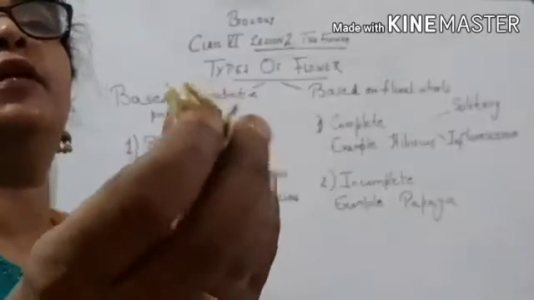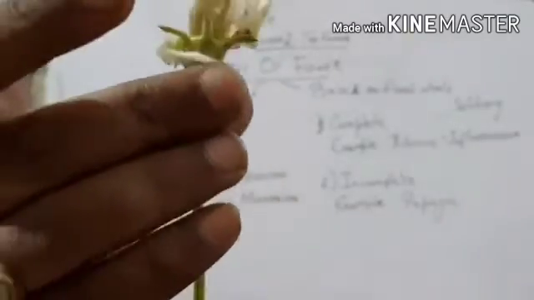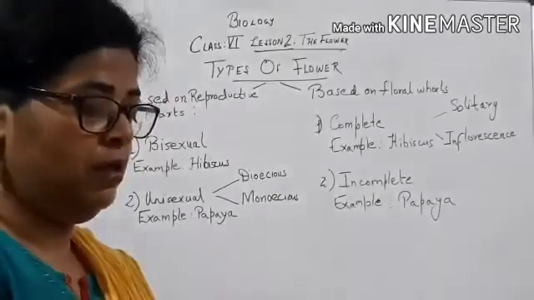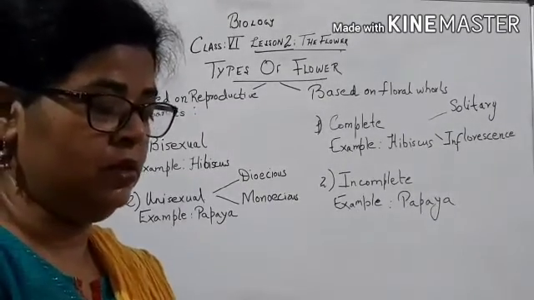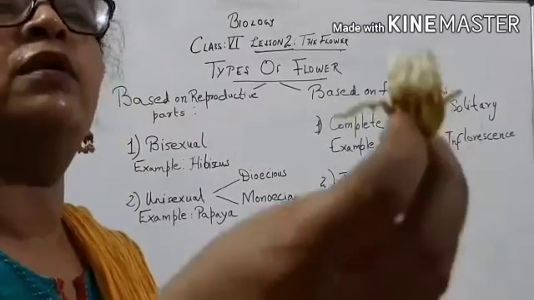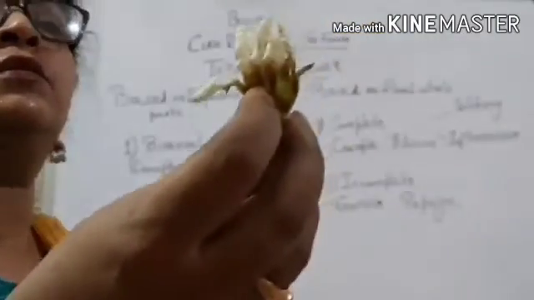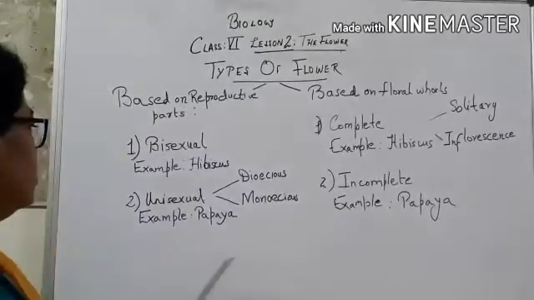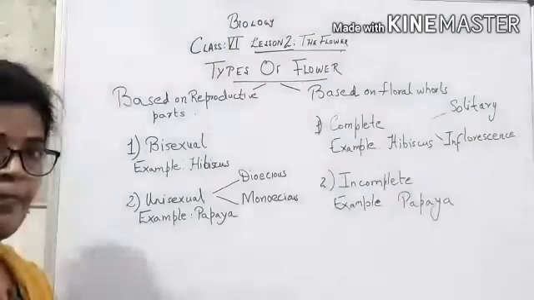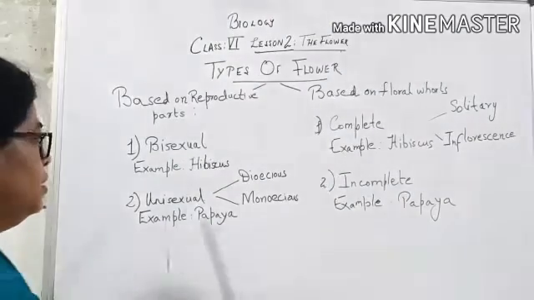This is a staminate flower. There is no carpel inside it. You can see it. Another example is papaya, papita in Hindi.